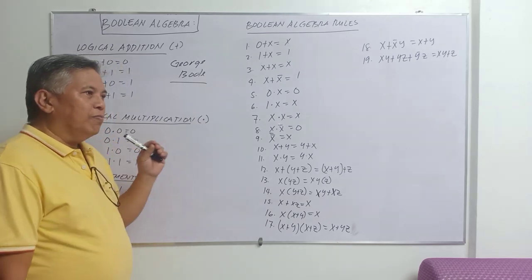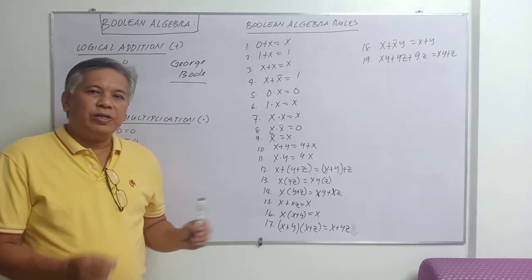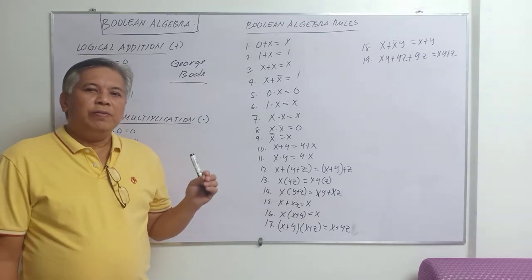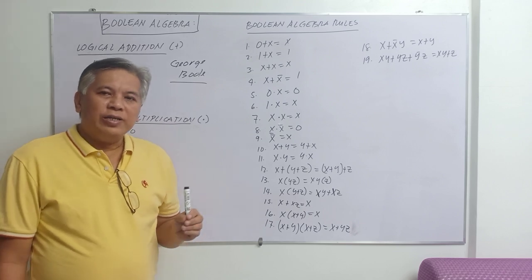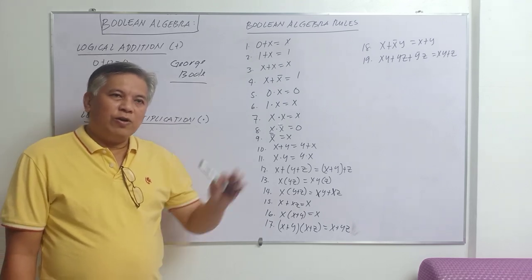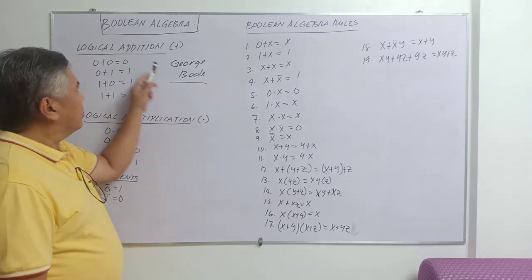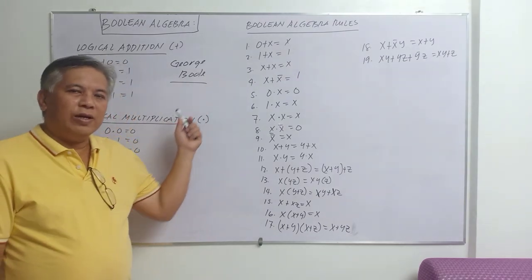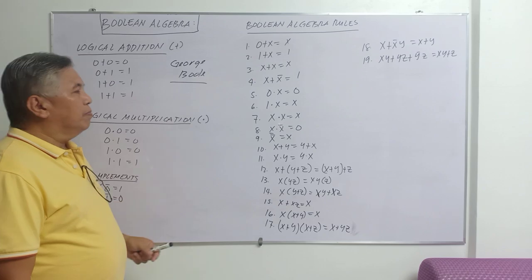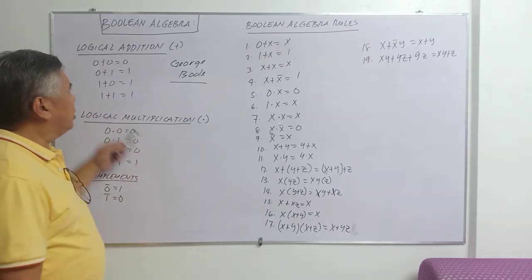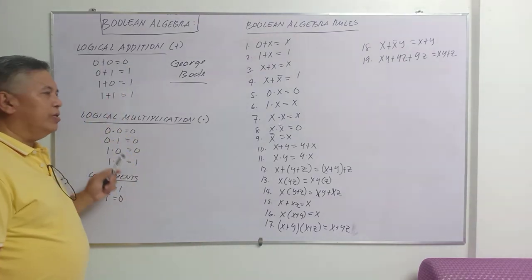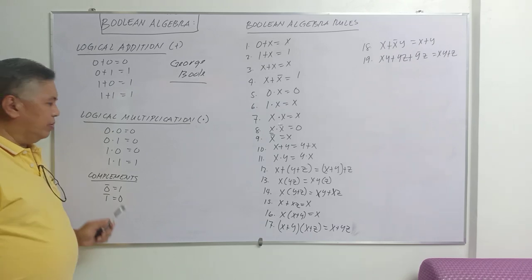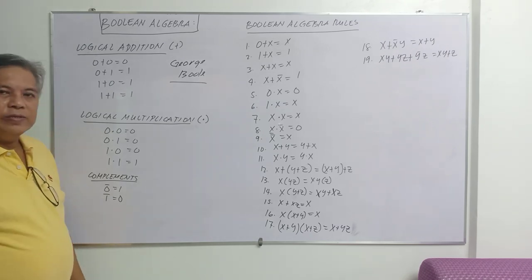Boolean algebra equations can be represented later on by logical circuits. Before we go into that, let us discuss first some of the most important features of Boolean algebra, which are logical addition, logical multiplication, and complements.